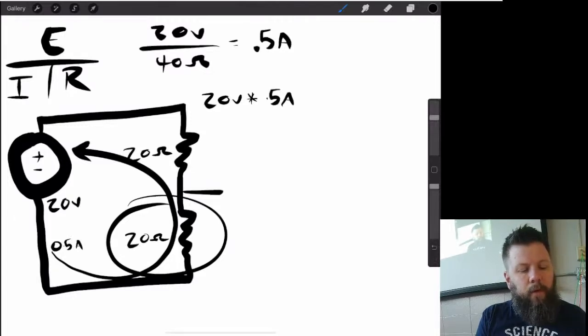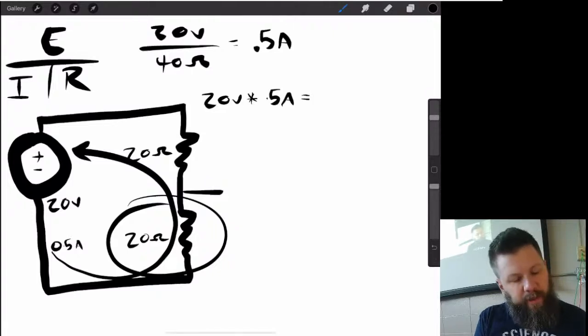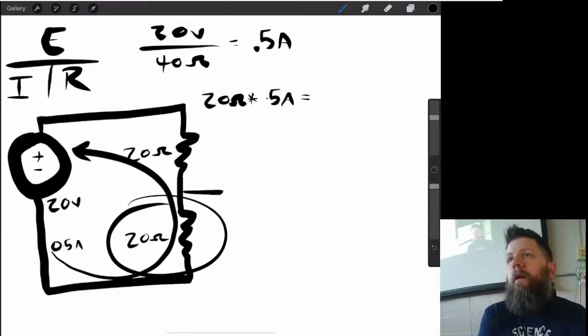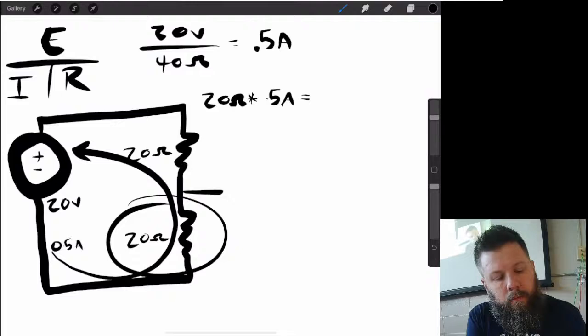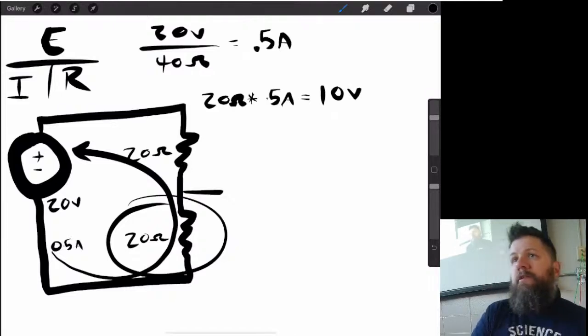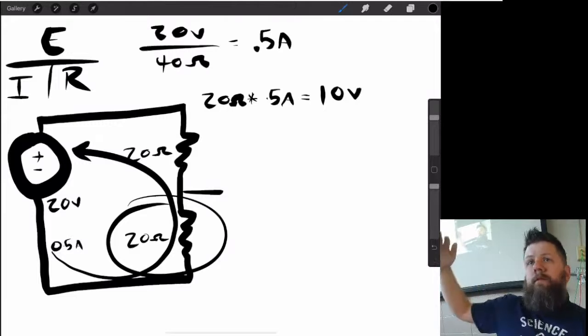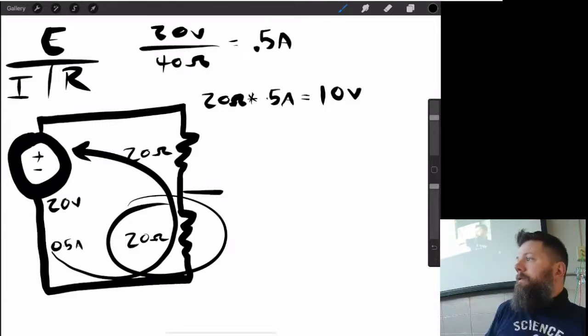And see, I've got volt times an amp. See, I would have messed up right there, right? It wasn't the 20 volts that I was caring about. It was the 20 ohms. So 20 ohms times half an amp, 10 volts. And that would be the same for the next resistor. So one resistor is dropping 10 volts, the next resistor is dropping the other 10 volts.